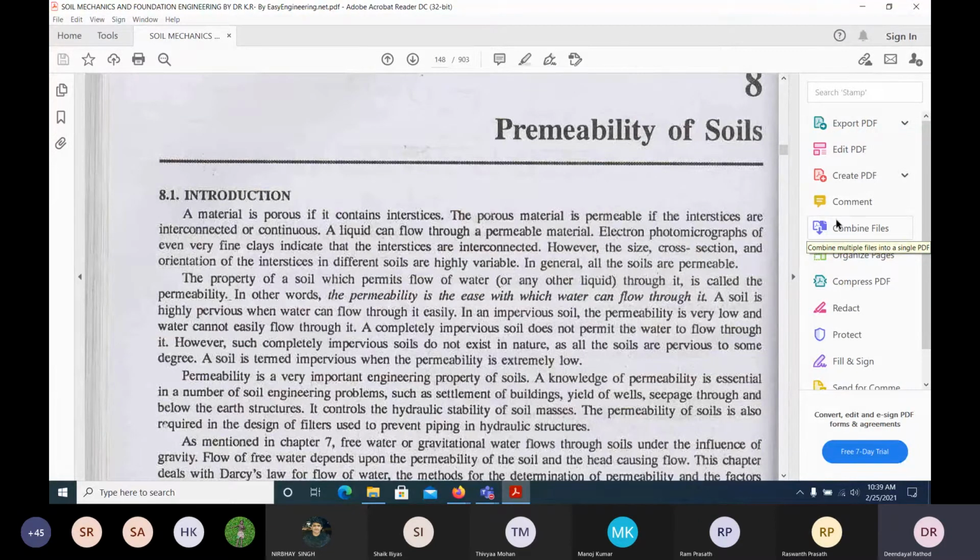They don't use cement, they use clay, because clay is more impermeable and will not allow water. If you make a clay liner, it will stop seepage. That's why we use china clay or bentonite clay for stopping the seepage of water.